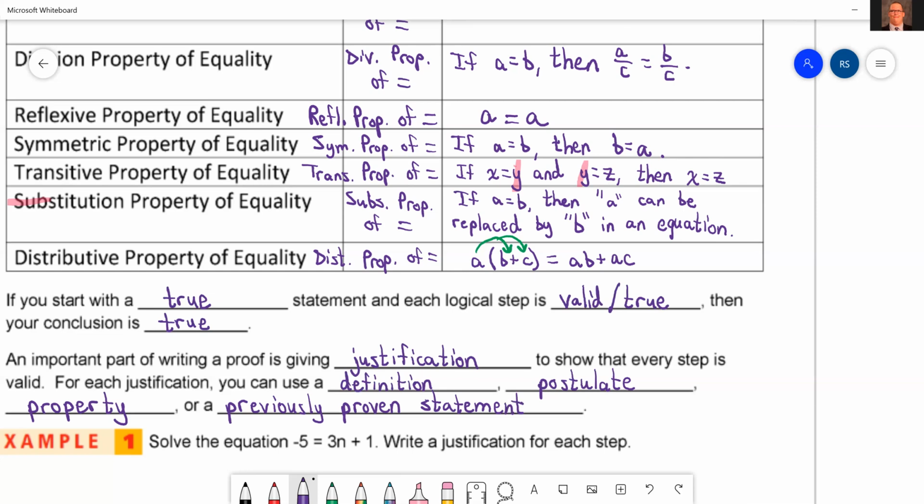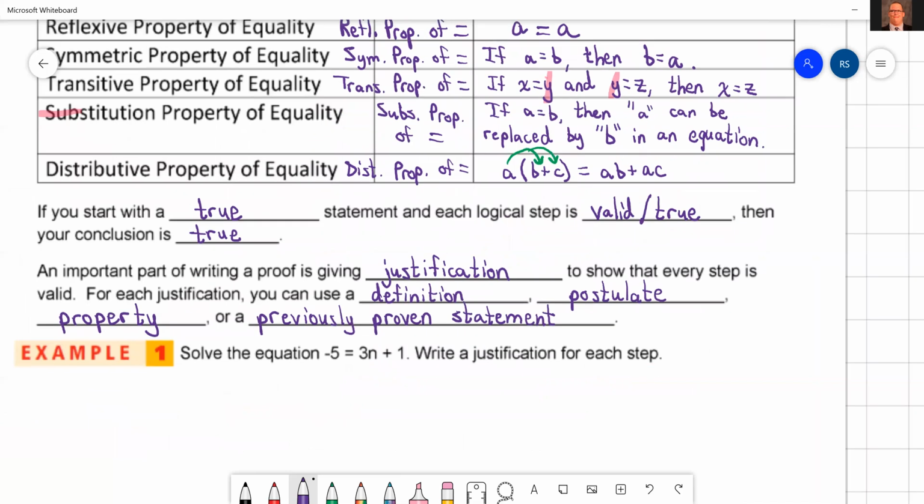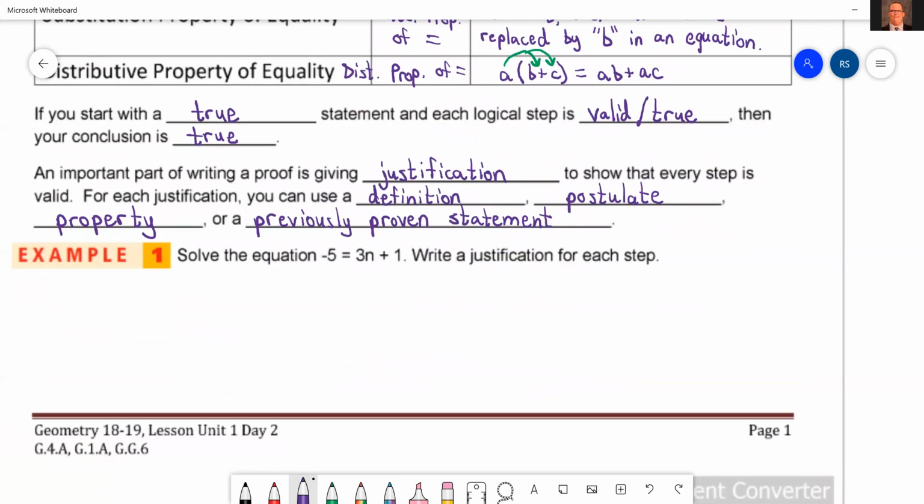In the real world, you can also use something called a theorem. But we don't mention that here, and that's fine. Don't worry about it.